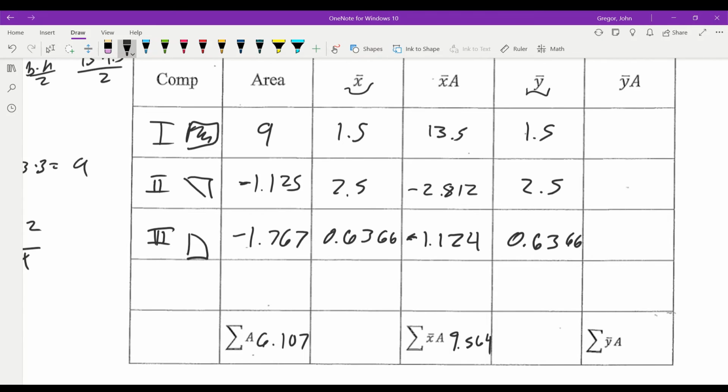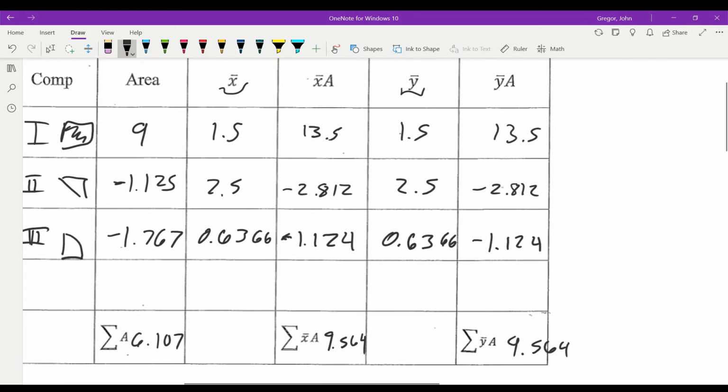You would get the same value over here since it's being multiplied by the same value.